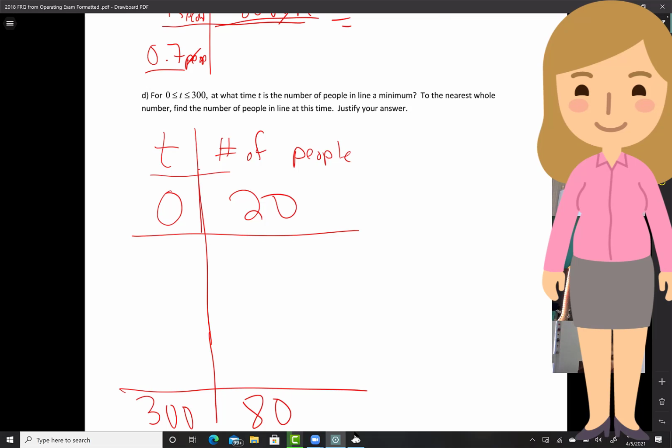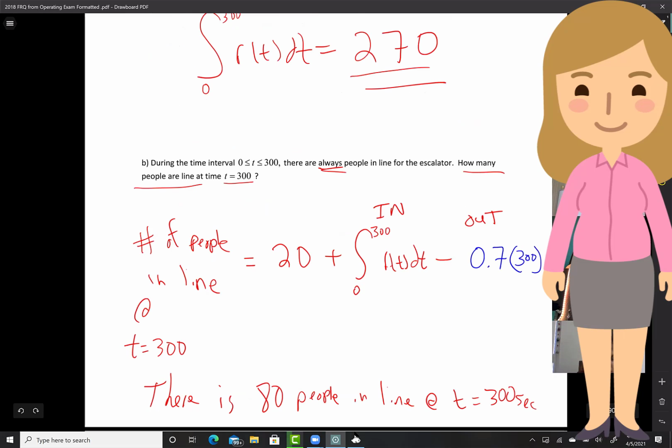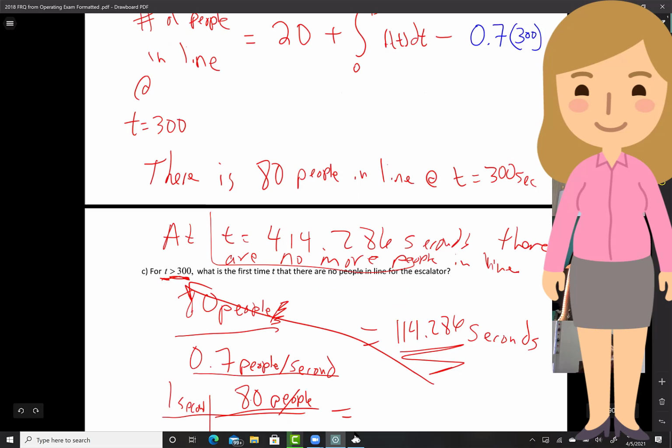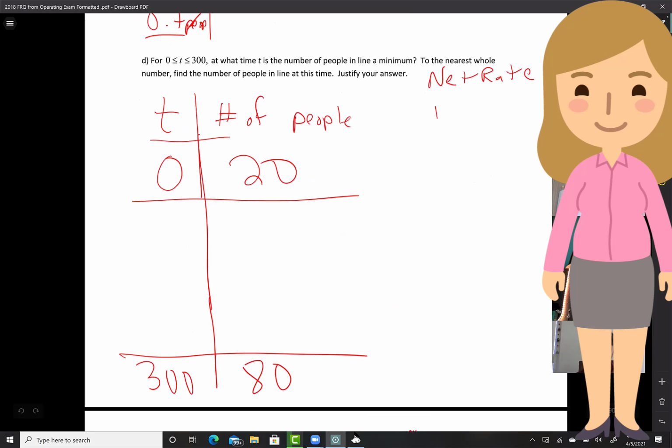We need critical numbers. So we got to think. My net rate, what is my net rate? Is this guy, R of t, minus 0.7.